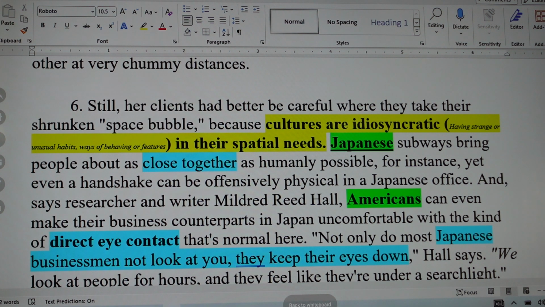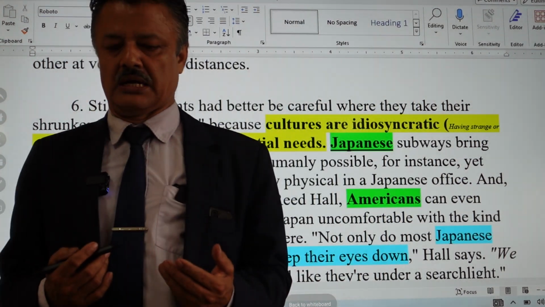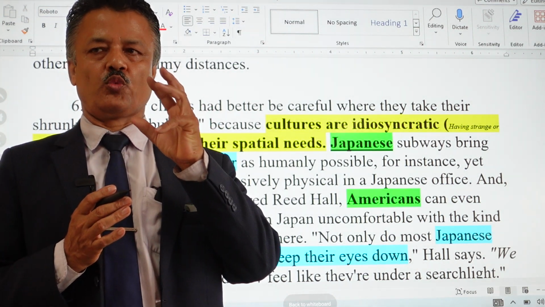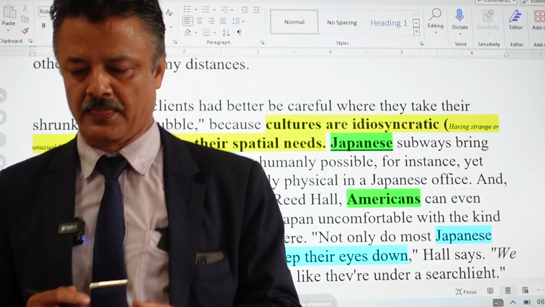We start from a broad topic, then we slowly narrow it down, then we go to the idea and problems. Okay, we begin with a broad idea, and as we move ahead, we narrow down, and then we finally come to a particular idea which we want to develop in the essay.